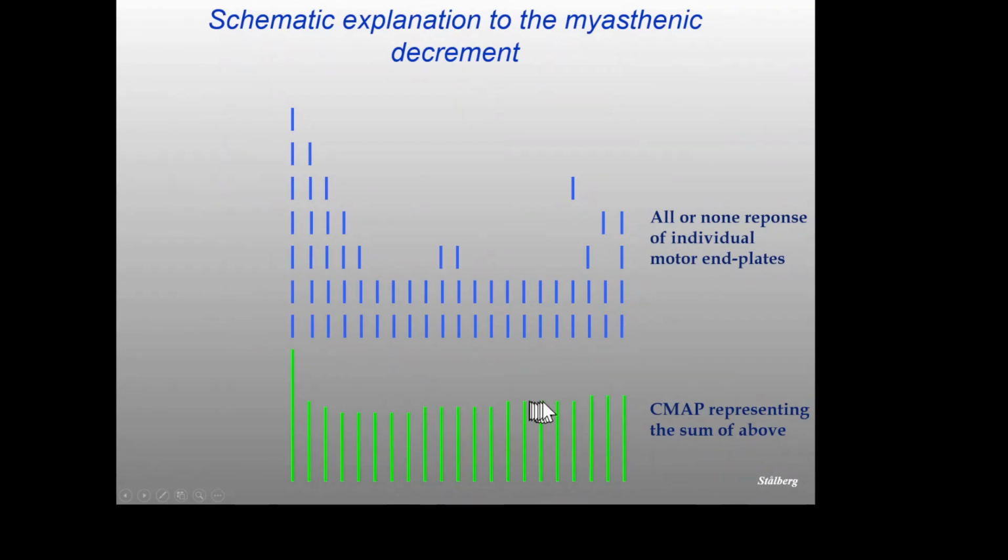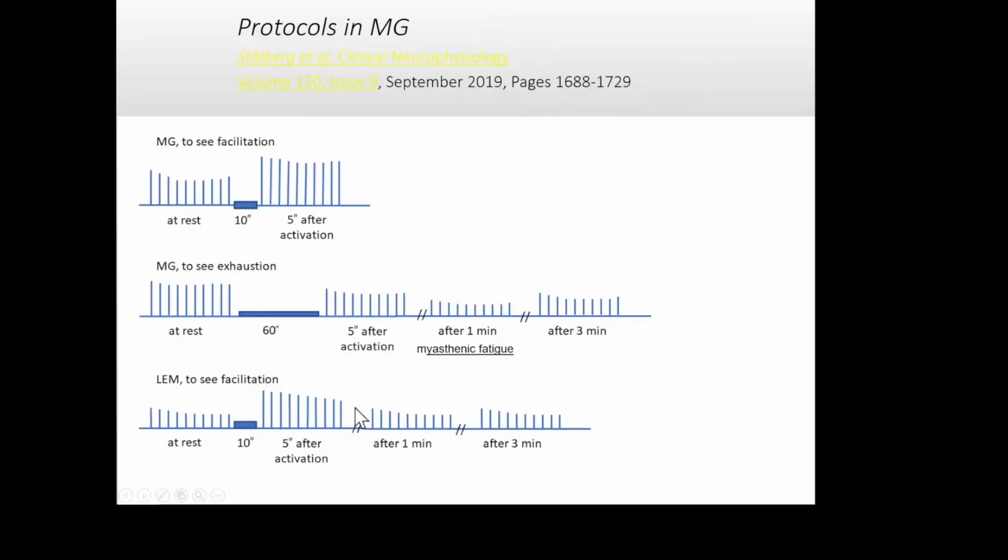But towards the end we have a kind of improvement that is an internal facilitation that we also see for the individual end plates. This is called the saddle shape, and what we measure is the change in amplitude and area between the first and the fourth, or first and the fifth. Amplitude and area are equally good.